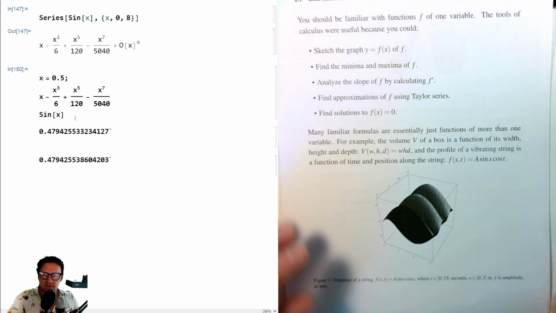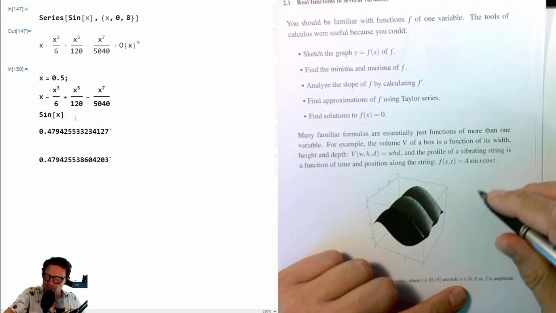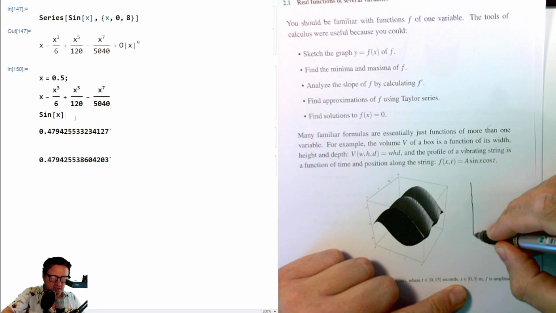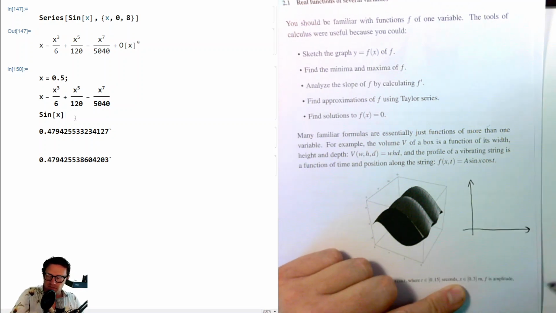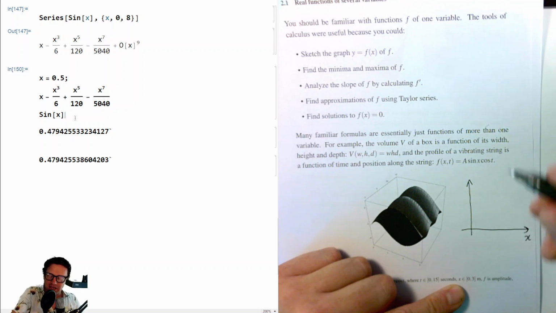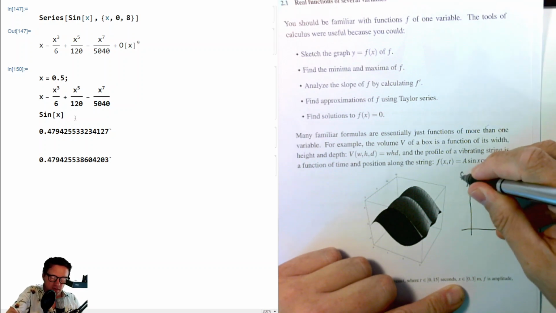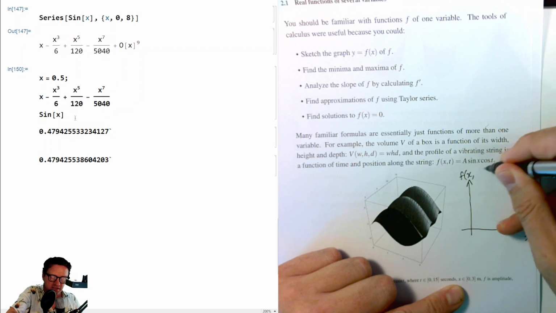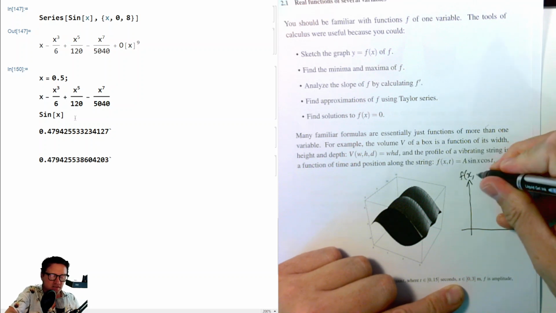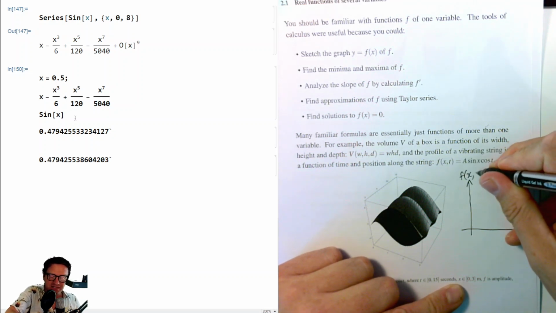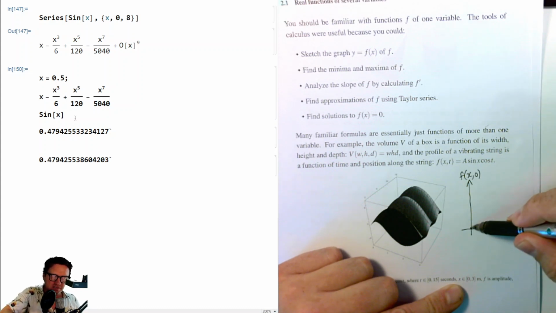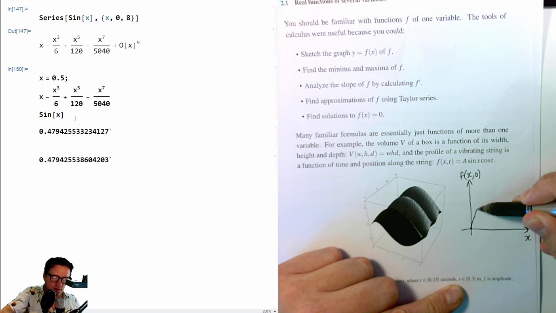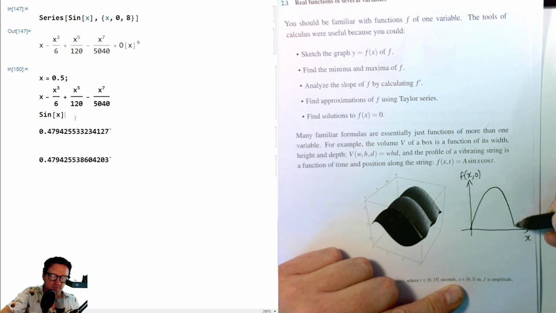So by hand, because I promised you a lot of hand calculations and hand drawings, let's draw something by hand. If we have x and we have f of x and t, but here let's just think about this initially when t is equal to 0. So we might have a string that starts here, comes up to its amplitude, and then comes back down.